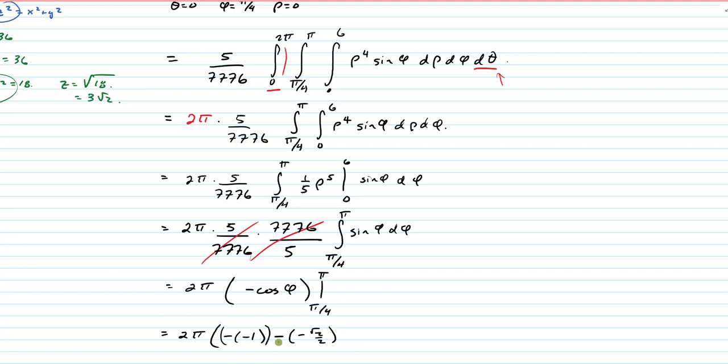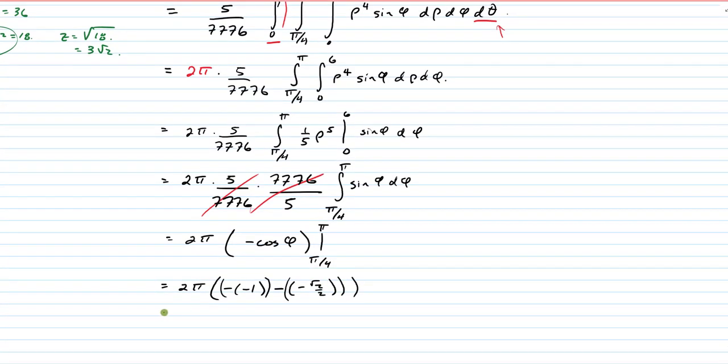There's sort of one more iteration of parentheses there. It doesn't really matter. And so then we're left with 2 pi times 1 plus the square root of 2 over 2. And I'll leave the pi outside, but I'll distribute the 2 through. And that's a nice way to mark the answer.